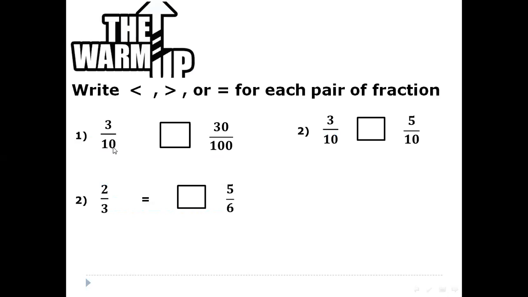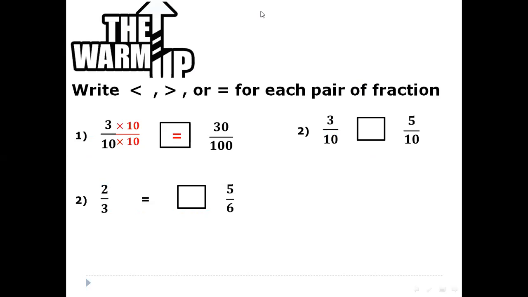So when you multiply the denominator by a number, you should do the same for the numerator. So 3 times 10 and 10 times 10: 3 times 10 is 30, and 10 times 10 is 100. So it's 30 over 100, and the other fraction we have 30 over 100. So they are equal.